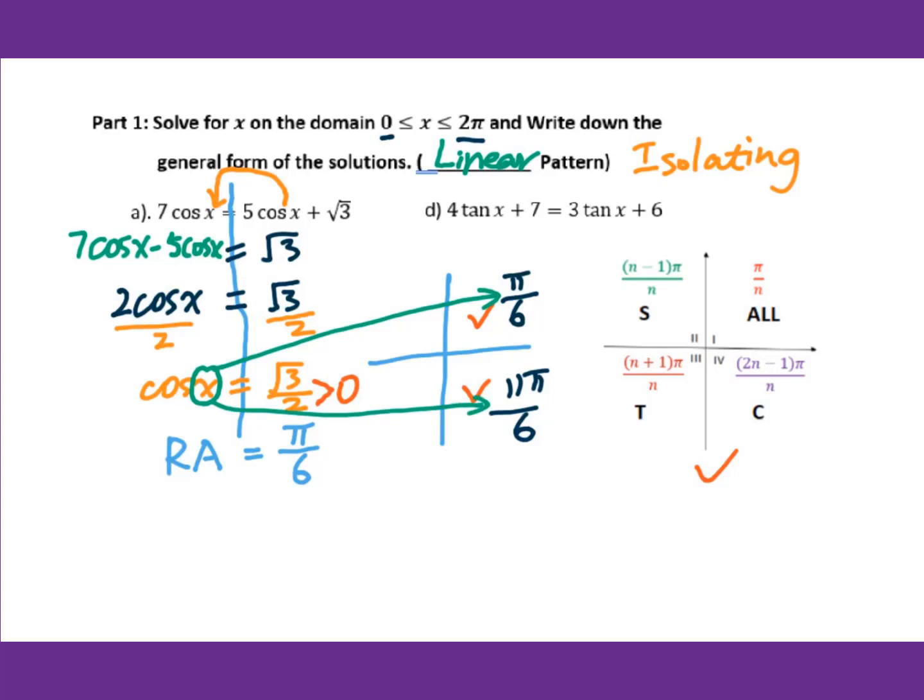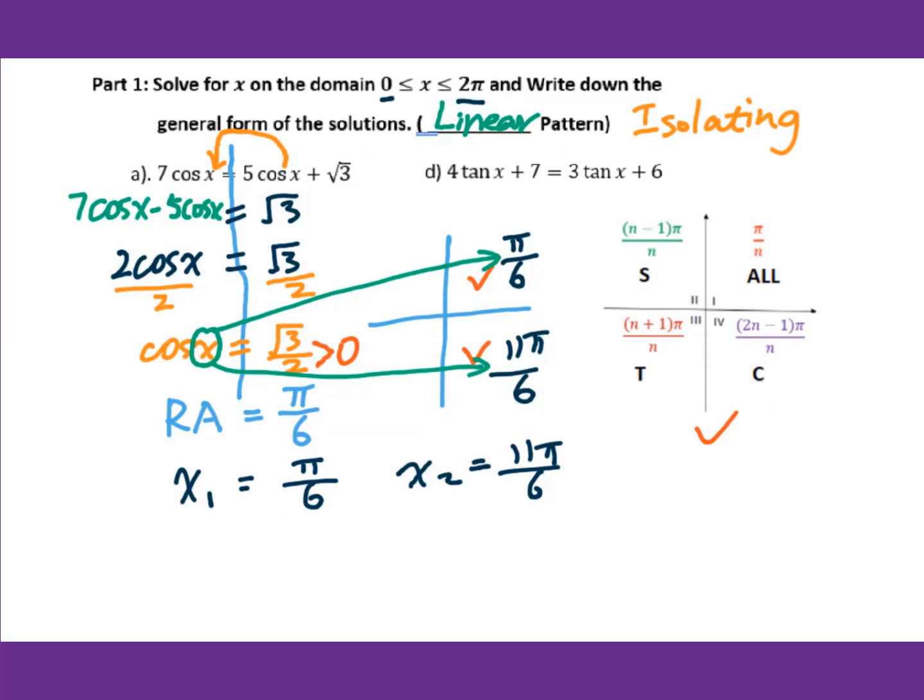So we can get the solutions x1 equals pi over 6 and x2 equals 11 pi over 6. These two solutions are between 0 and 2 pi.